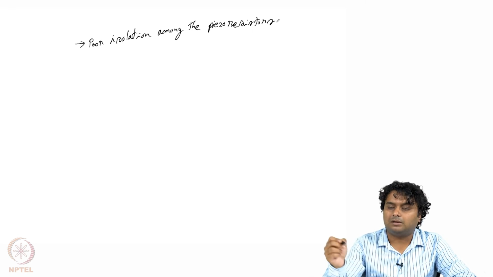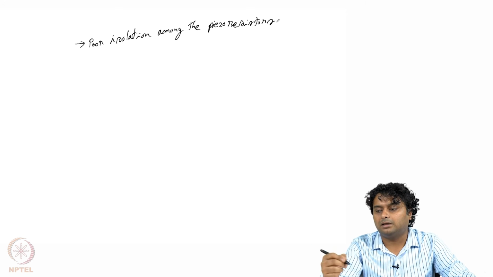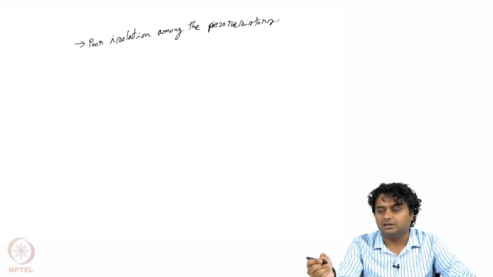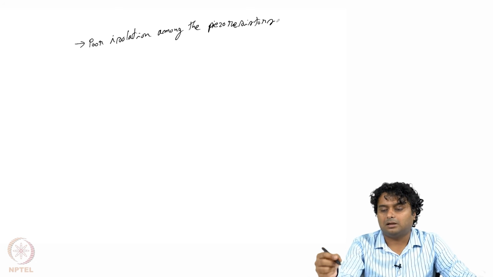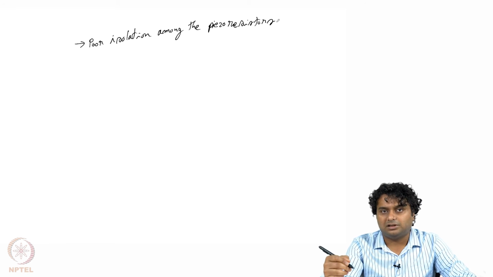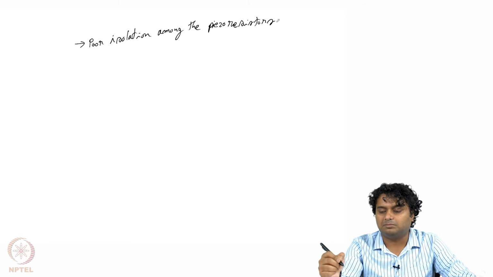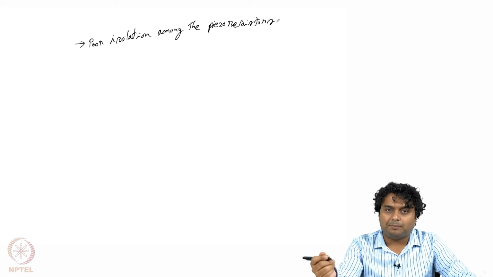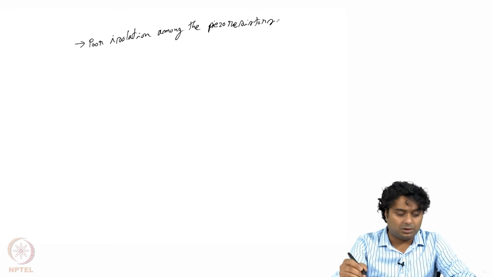As I told you, the piezoresistors need to be connected like a Wheatstone bridge circuit, but what happens is, as all the piezoresistors are made by doping silicon in different regions of the same silicon membrane, and if the silicon is not a very good insulator, as we know silicon is basically a semiconductor, then there is electric charge carrier flowing from one piezoresistor to another piezoresistor, and this will hamper the actual result. So this is one of the issues.